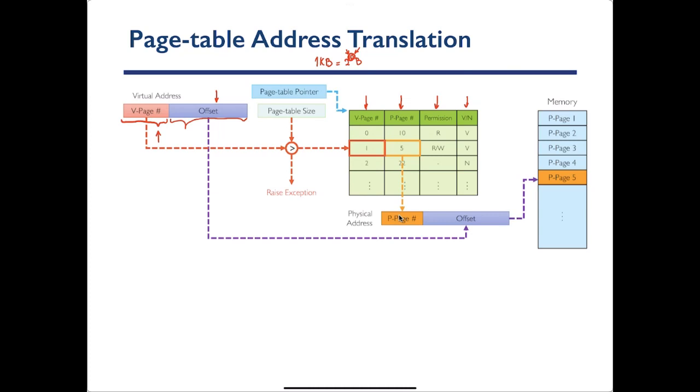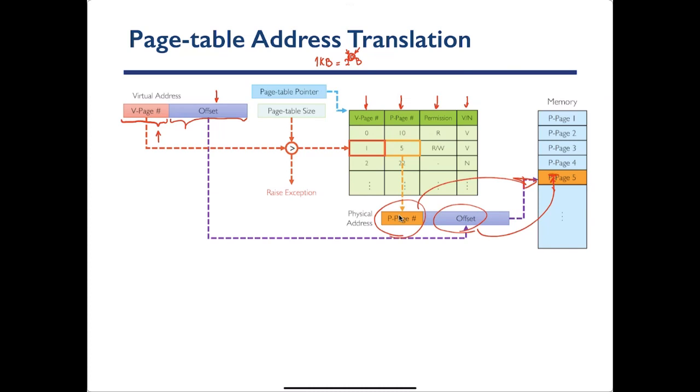We just copy it as it was. We concatenate this physical page number with the offset to get the address to the particular page that we want.